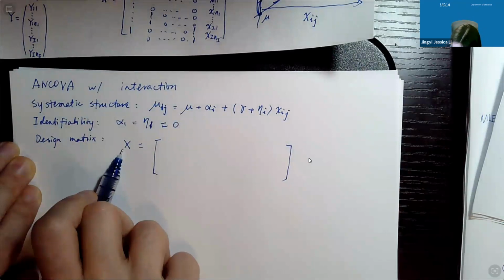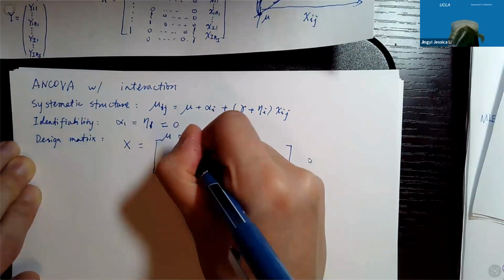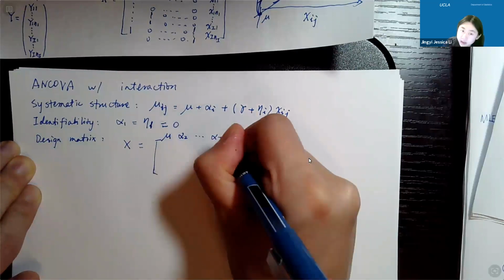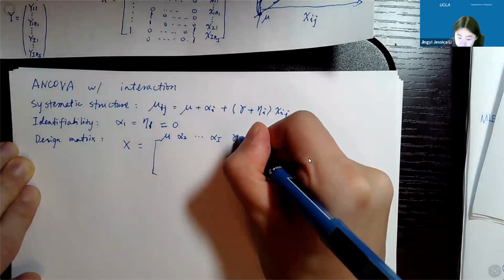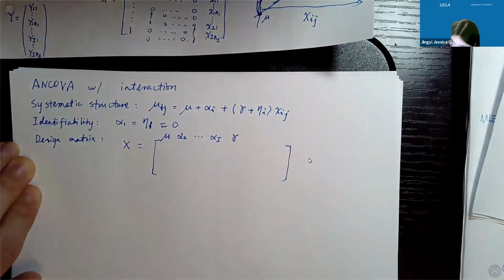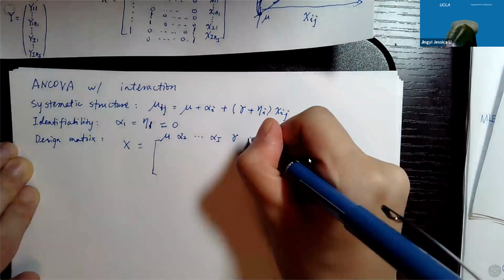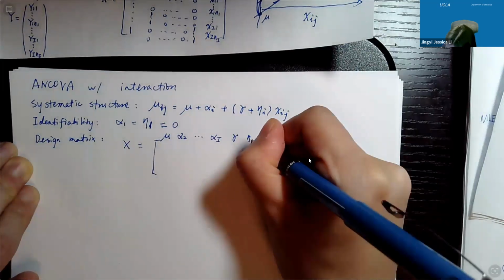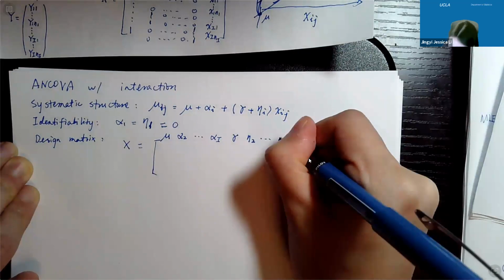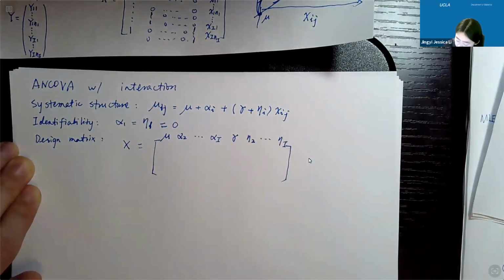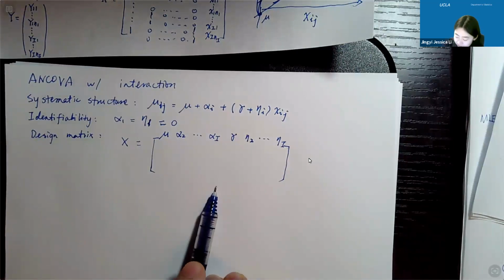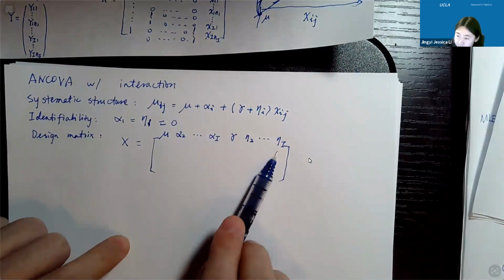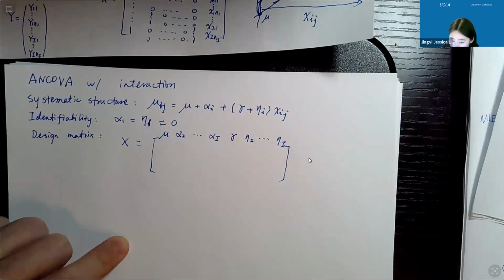So here we have mu, of course, alpha 2 to alpha I, and then this is the gamma, and we have eta 2 to eta I. The first few columns will be the same as before. What's trickier is for these last few columns we added for the interaction. What would be the corresponding values?